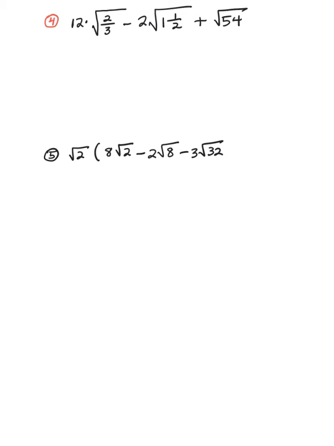The next one is the square root of 90 plus the square root of 160 divided by the square root of 2. All right, so copy these down, pause the video, and then restart once you're done.